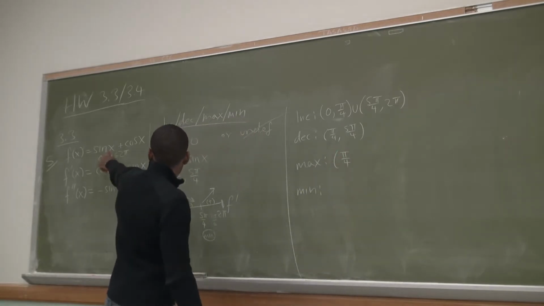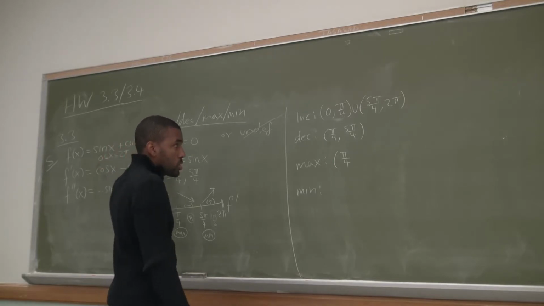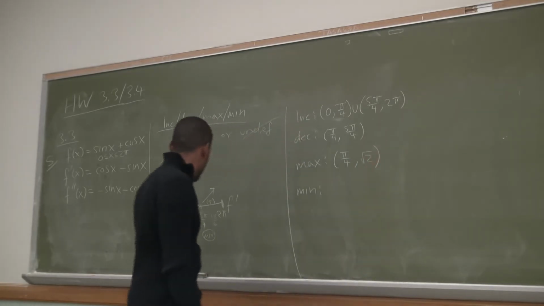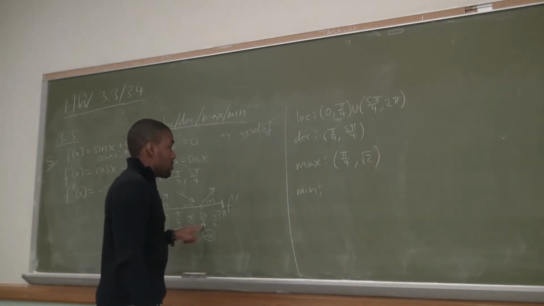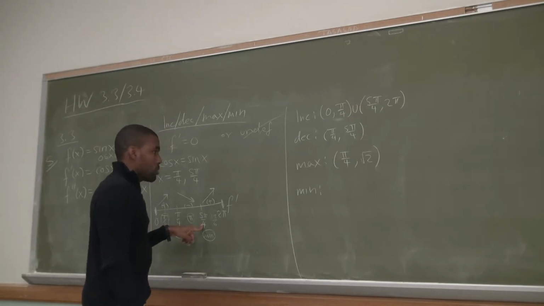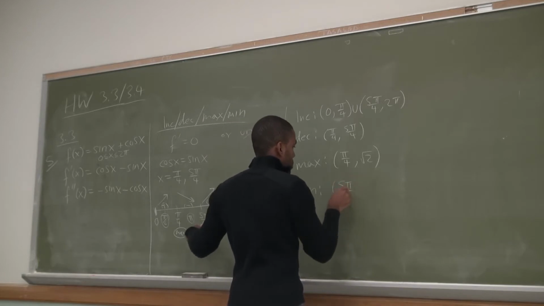You plug it in here: sine of pi over 4 and cosine of pi over 4 are both radical 2 over 2. So you have two radical 2's over 2's, which just gives you radical 2. And 5 pi over 4 puts us in the third quadrant, which means they're both negative.